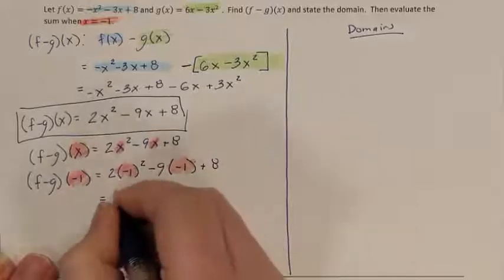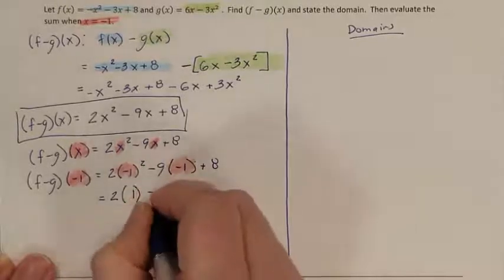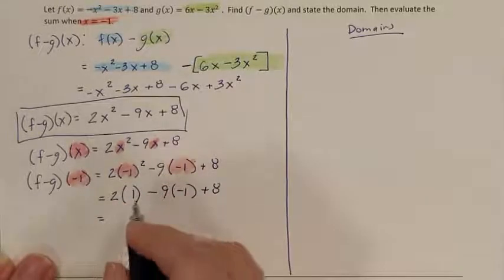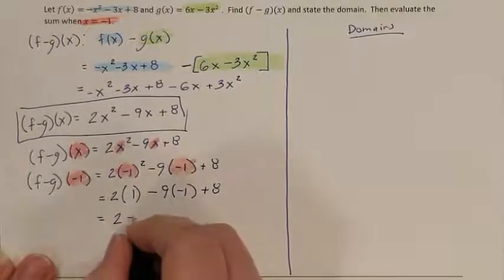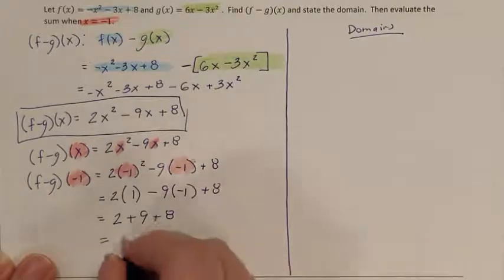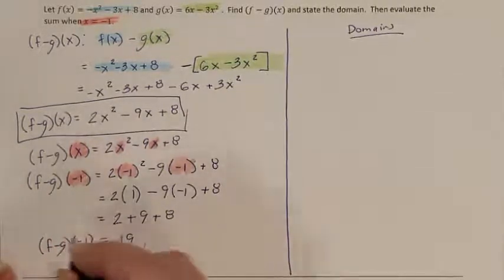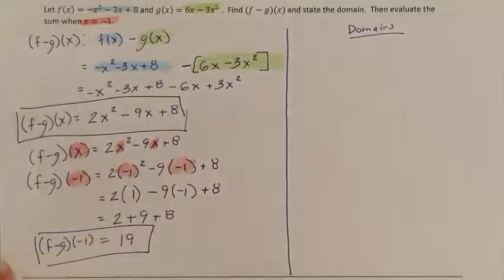Exponents come first. So this is 2 times the negative 1 to the power of 2. The entire negative 1 to the power of 2 is positive 1. Now multiplying, this was a 2 plus 9 plus 8. Adding from left to right, I end up getting 19. So my f minus g at negative 1 is a positive 19.